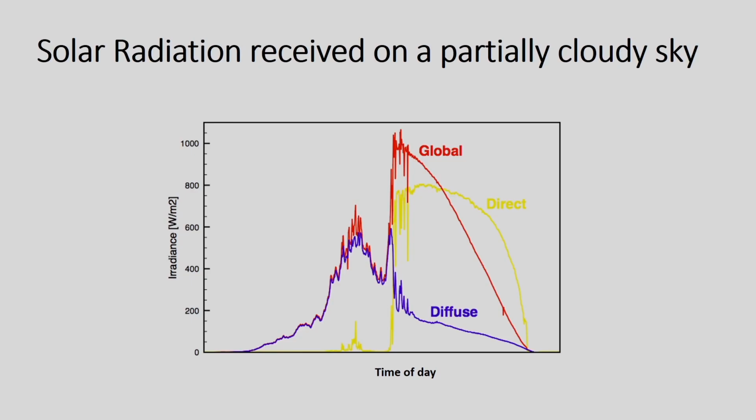This kind of erratic behavior is observed. The red color indicates global radiation, the sum of diffuse and direct radiation, the yellow color is direct radiation, and the blue color is diffuse radiation. You can see the variations of the irradiance over the day.